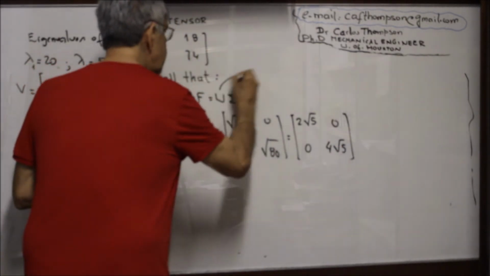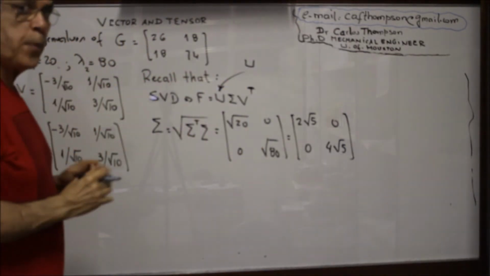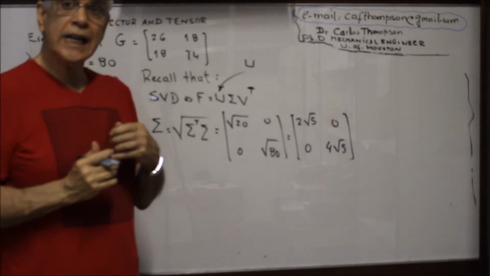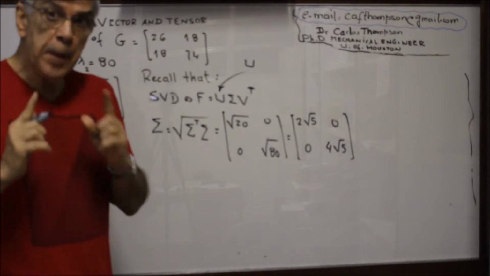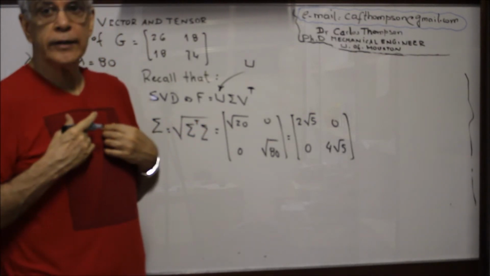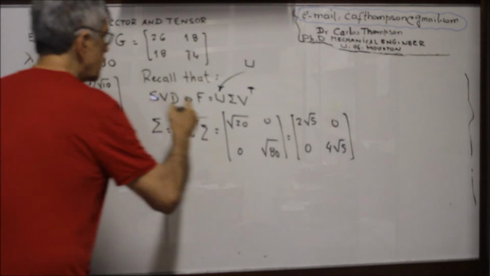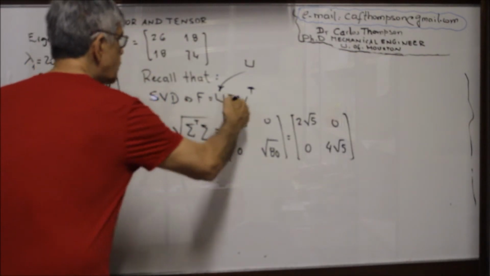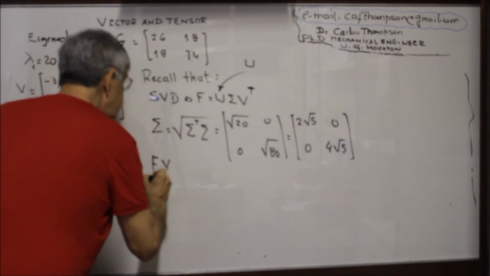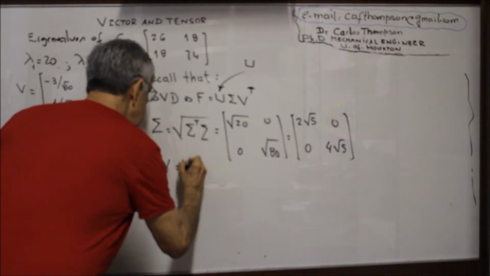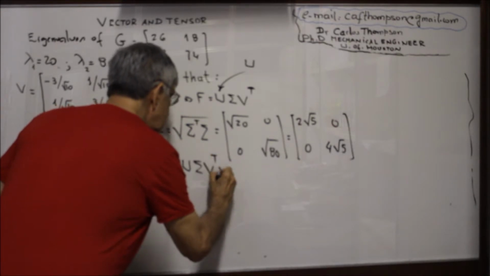Now we need to obtain U. As I pointed out before, we could eliminate V to get U. But in my viewpoint, it will be simpler if you do as follows. So look, let's multiply both sides by V. F times V is equal to U sigma V transpose times V.